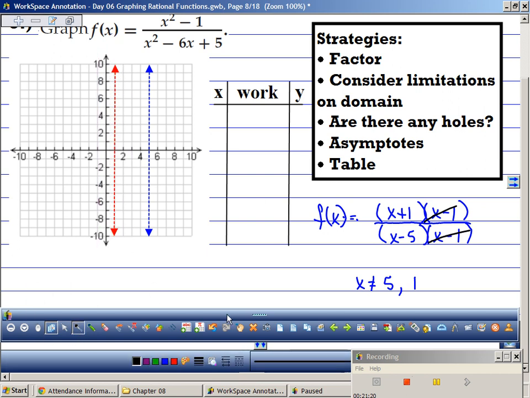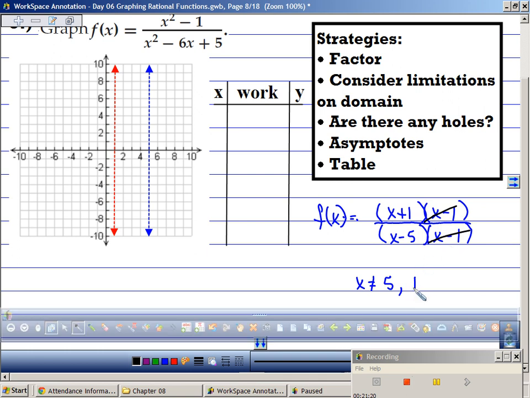I'm going to change the color. You see that, Evan? Because it goes away, it creates a hole somewhere on that line right there. It's not an asymptote. Somewhere, because that's the one that got canceled out. x minus 1 got canceled out. So it'll be a curve with a hole in it. Good job. Yeah. You got it.